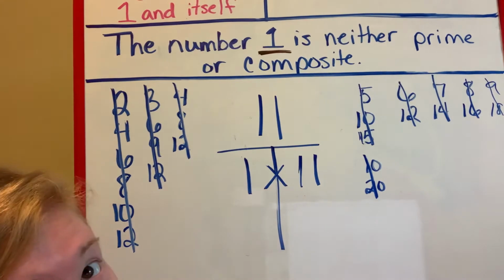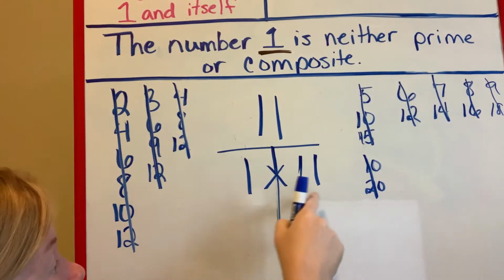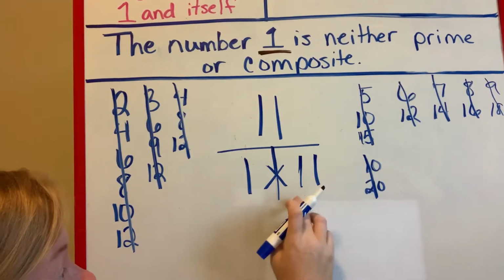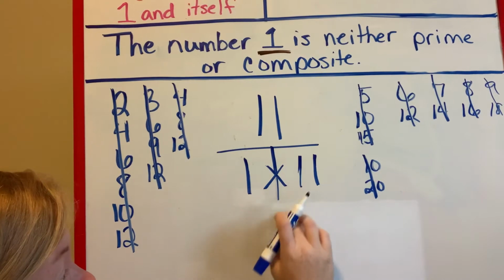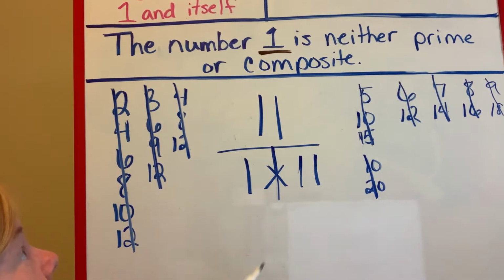Do I need to test 11? No, I don't need to test 11 because I already have it here. So when I look at the factors of 11, because I'm done now, because I tried up to 10, and the next number is 11, and it's already written down, so I'm done testing numbers. When I look at 11, what does that tell me? How many factors does 11 have?